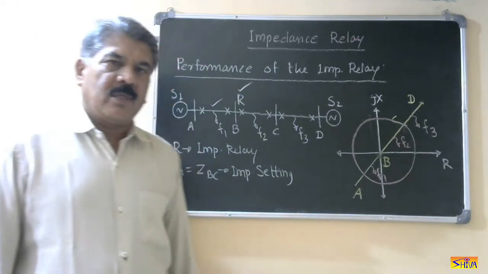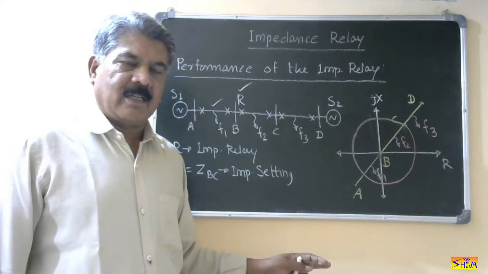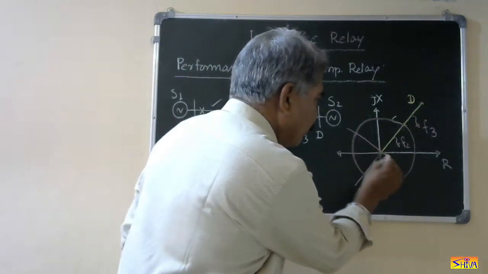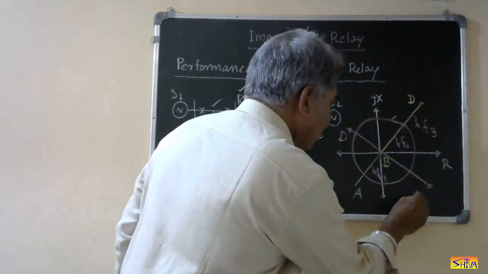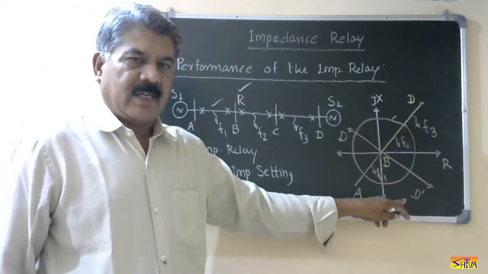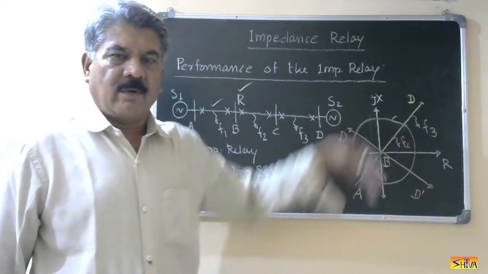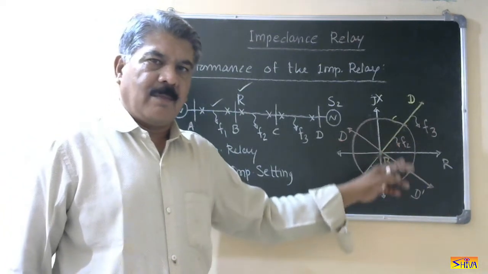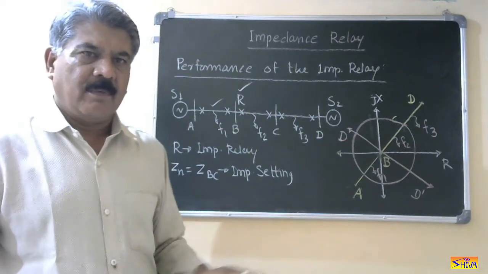So if we use a directional element, I had already explained the characteristic of the directional element. It is a straight line. So this is the characteristic of the directional element. Above this, it will be the positive torque region for the directional element. Now, when we use a directional element along with the impedance element, the characteristic will be the intersection of the characteristics of both the elements.